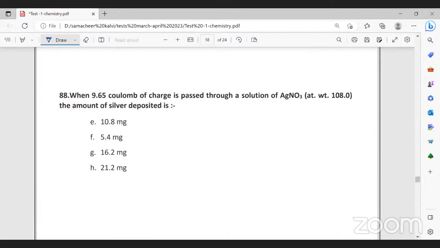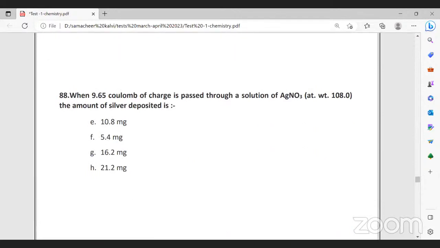The next question. When 9.65 coulomb of charge is passed through a solution of silver nitrate, the atomic weight of silver is, not mentioned. Atomic weight of silver is 108. The amount of silver deposited.